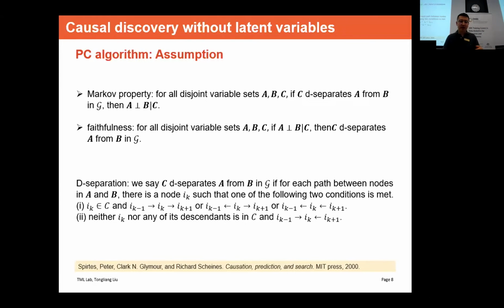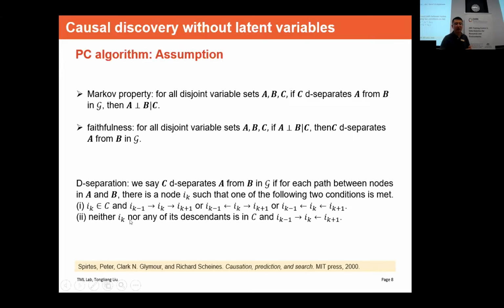For a graph, for example a DAG, if we have three sets of variables A, B, and C, we say A and B are d-separated by C if, for each variable in C, two conditions hold. One is that each variable in C makes up one of three structures. We call X_{k-1}, X_k, X_{k+1} a chain structure, and also this is a chain structure in another direction, and this is a fork structure.